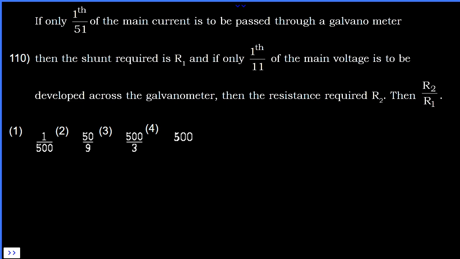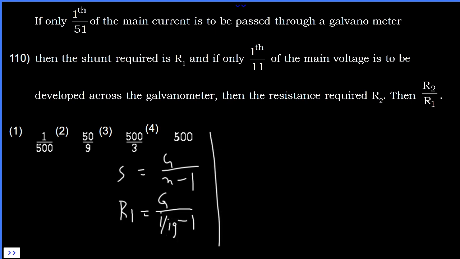Then R2 by R1 is? Here, for the galvanometer, the shunt resistance S is equal to G by (N minus 1), that is R1 is equal to G by (I by Ig minus 1).